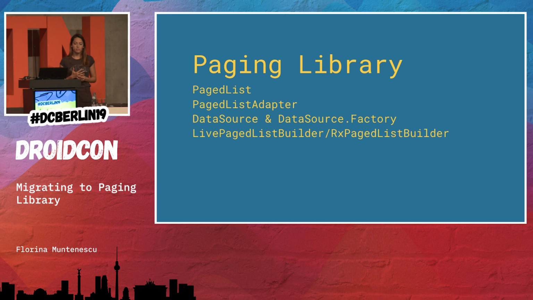I think one of the causes is that the paging library wants to be simple to use for simple cases, but it also wants to provide the flexibility that complex cases need. So I will tell you a little bit how to implement it, but I will also tell you how things work under the hood. Like this, if you have to implement those complex use cases, you will know what to pick and choose and use in your own implementation.